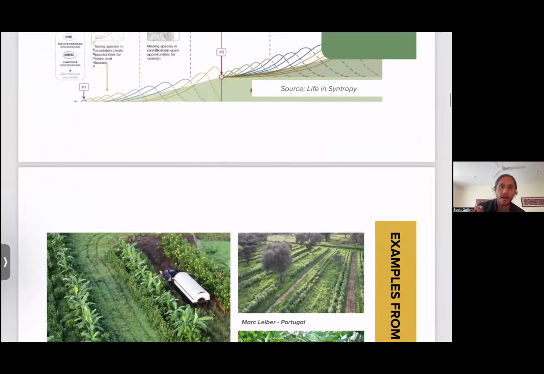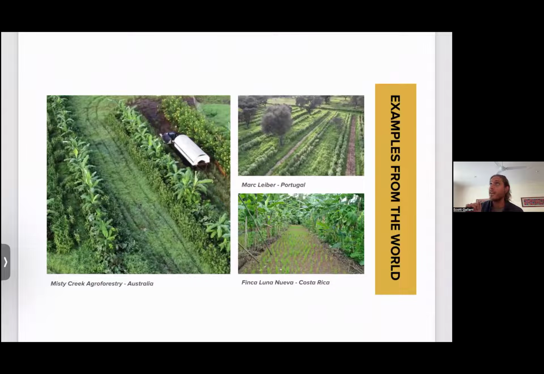Briefly, I want to mention that syntropic farming is really popular right now. It's really moving through the world, hence we're here and there are so many people signed up. We see it in the tropics, where it was birthed. We're also really starting to see it around Mediterranean climates.